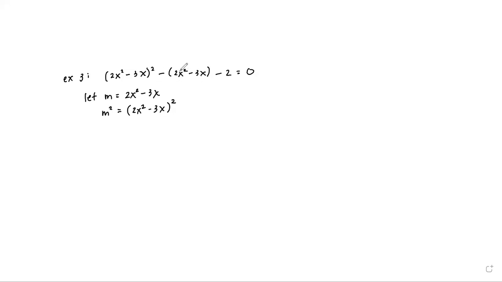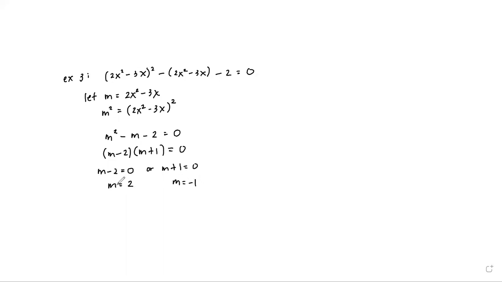So that means the original equation can now be written as m squared minus m minus 2 equals 0. Factoring the left-hand side, we will get m minus 2 times m plus 1 equals 0. And then applying the zero product property, we equate both factors to 0, and then we solve for m, which gives us m equals 2 and m is equal to negative 1.